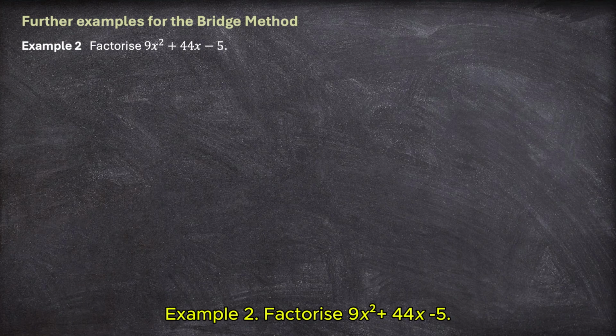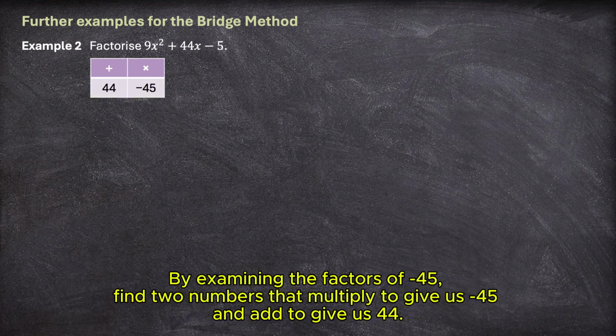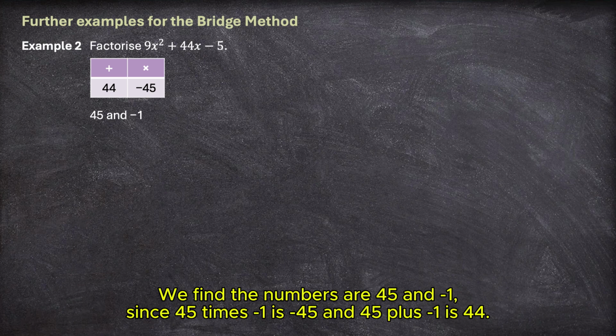Example 2. Factorize 9x squared plus 40x minus 5. By examining the factors of minus 45, find two numbers that multiply to give us minus 45 and add to give us 40. We find the numbers are 45 and minus 5... the numbers are 45 and minus 1, since 45 times minus 1 is minus 45 and 45 plus minus 1 is 44.